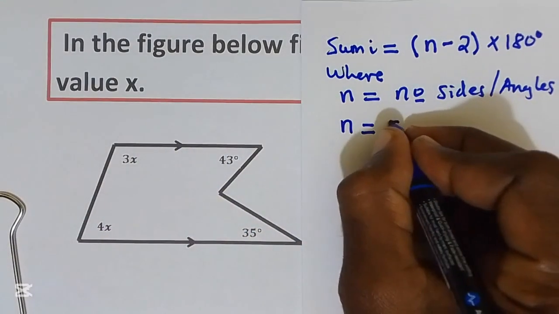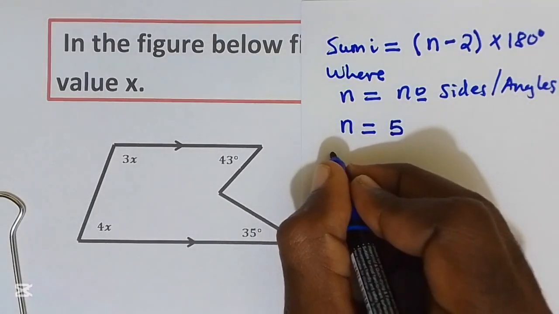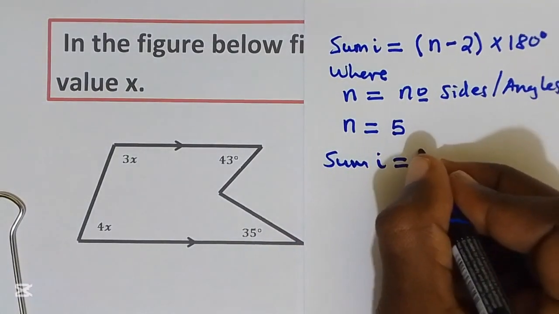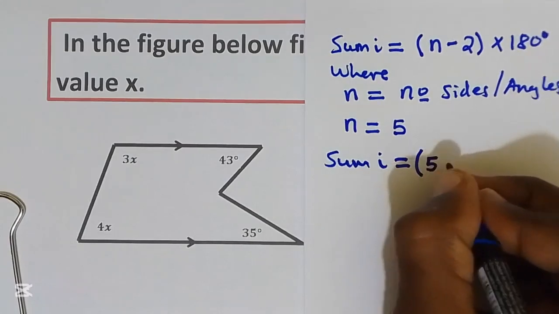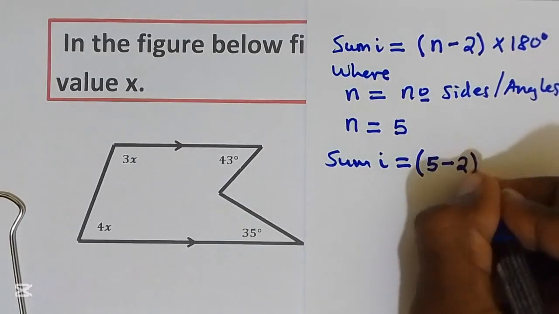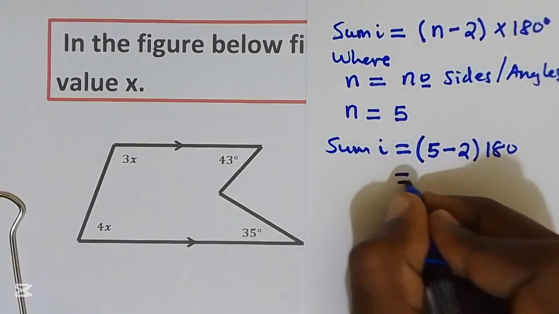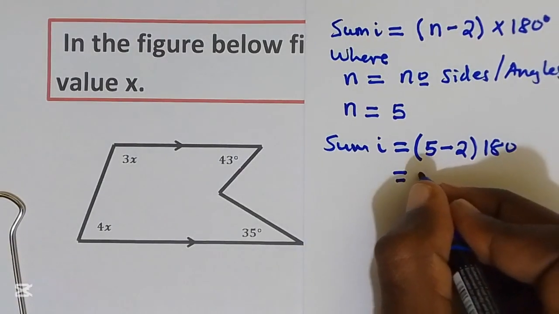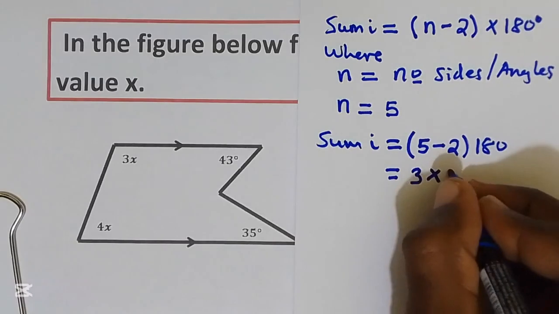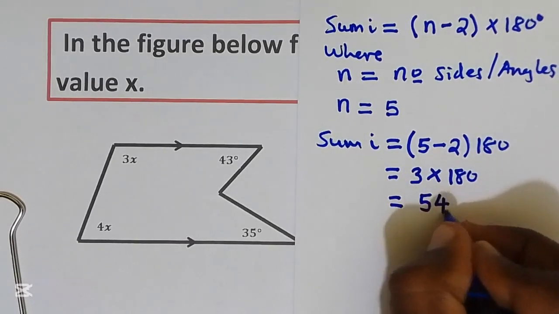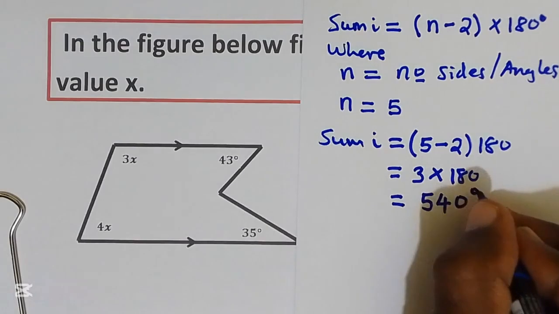So n equals 5. The sum of interior angles is 5 take away 2, multiplied by 180. We get the sum of interior angles of a pentagon is equal to 3 multiplied by 180, which is 540 degrees.